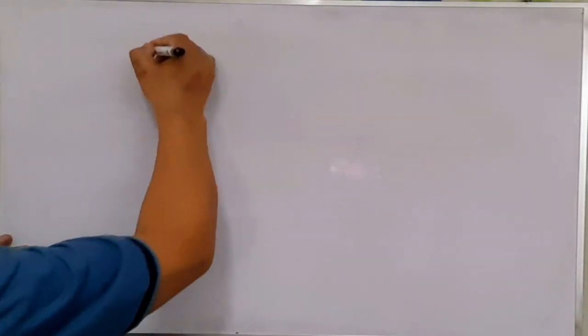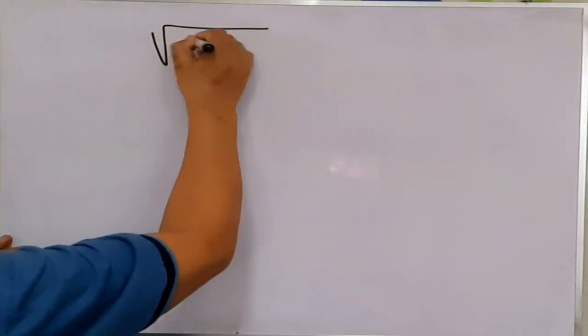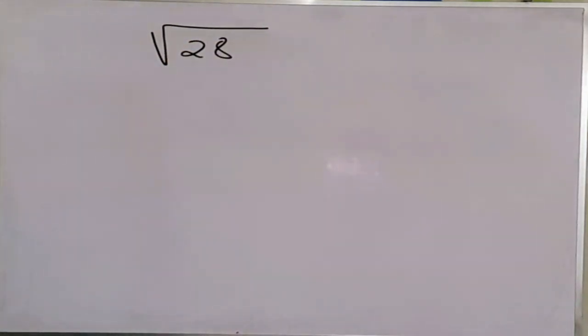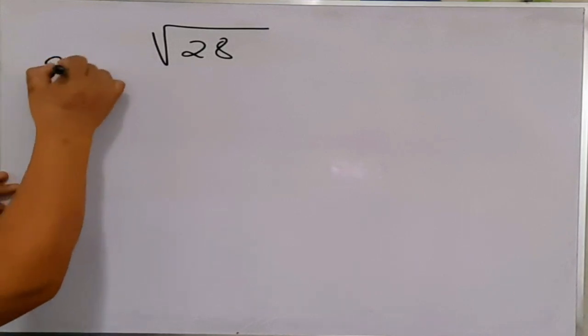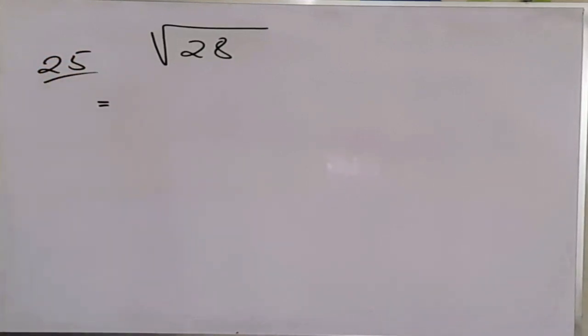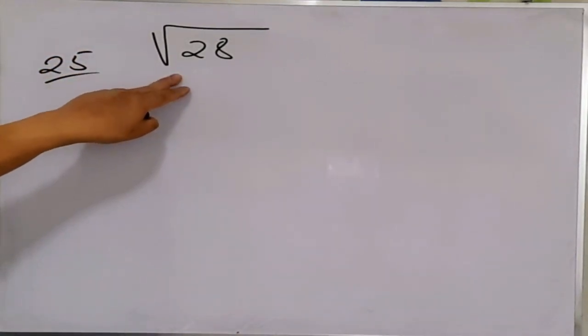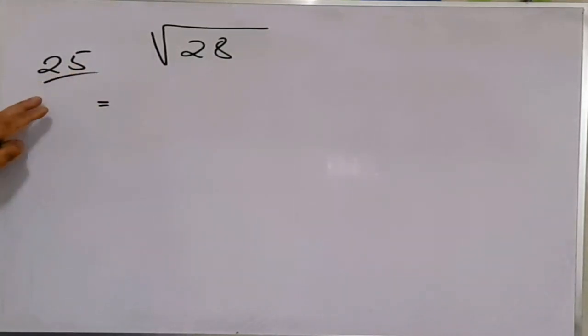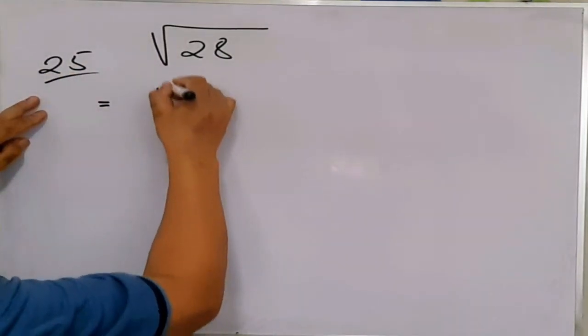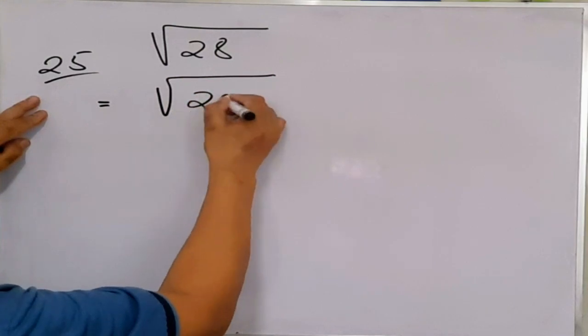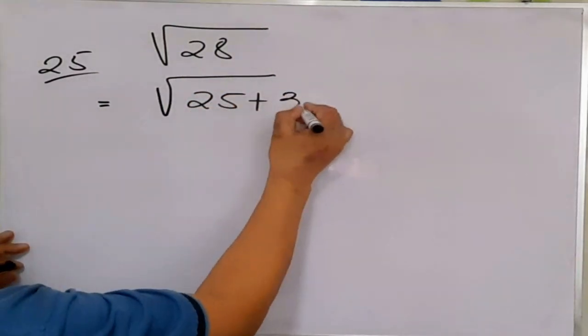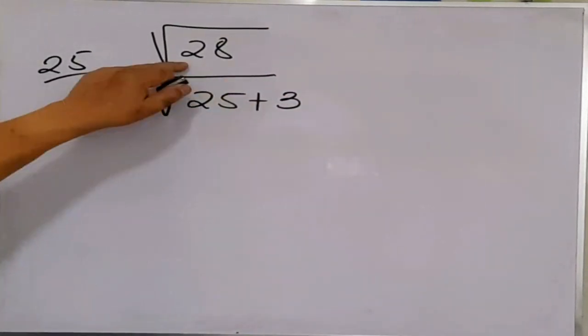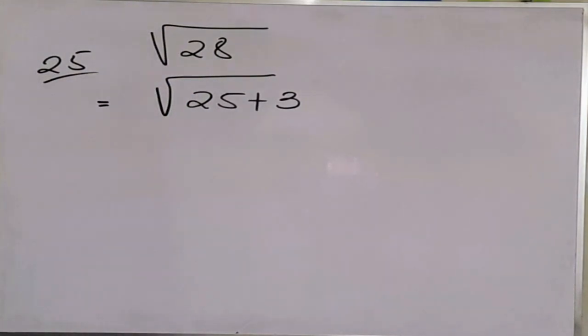Okay, let's find out the square root of 28. The perfect square nearest to 28 is 25. So we will express 28 in terms of 25, and that is equal to 25 plus 3. 25 plus 3 is equal to 28.